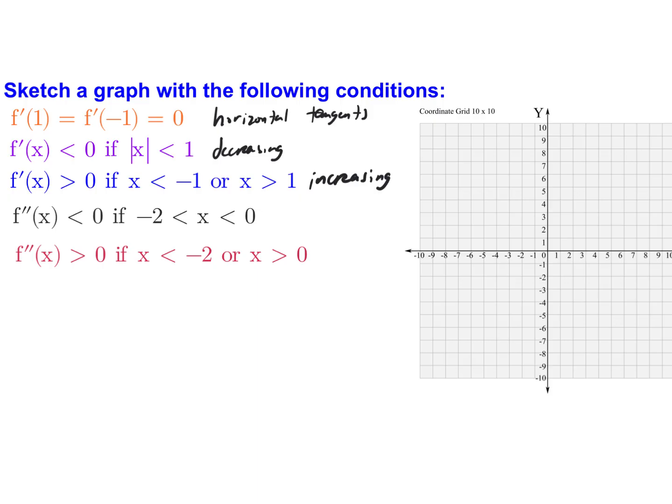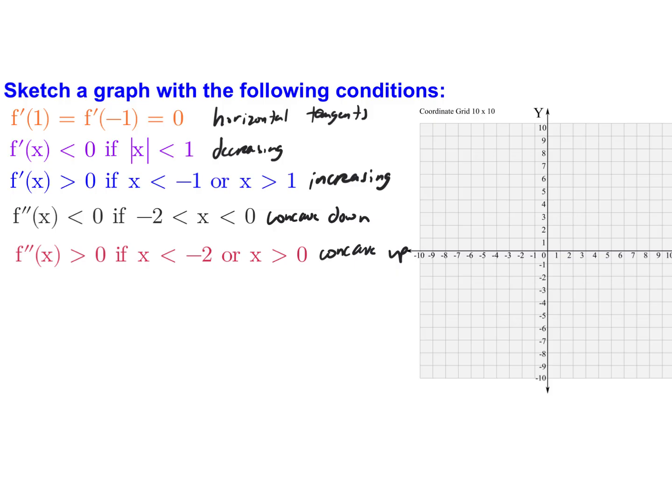What is this line telling us? If the second derivative is negative, what is true? It is concave down. And then this one is telling us that it's concave up. All that information, okay? That's what you get from all of that.